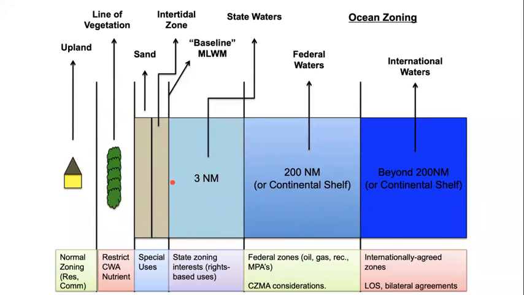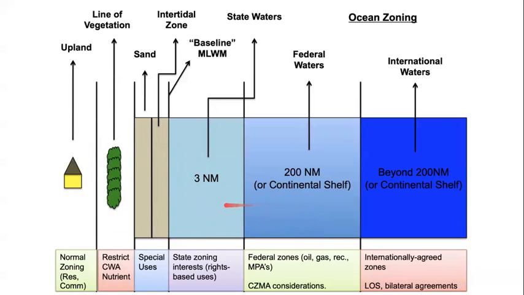Once those plans are approved, one of the main benefits is that the federal government, when it's doing something in its federal waters that may impact state waters, state priorities, then the federal government has to consider those state priorities that are identified in the coastal management plan prior to taking any action, and should avoid any actions that will have a direct impact.